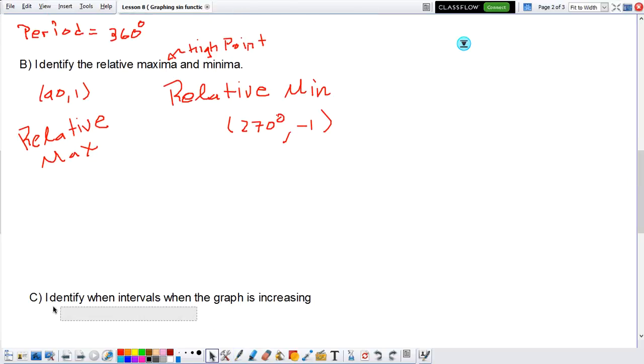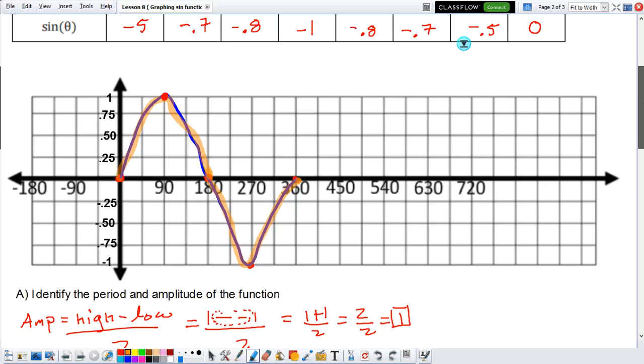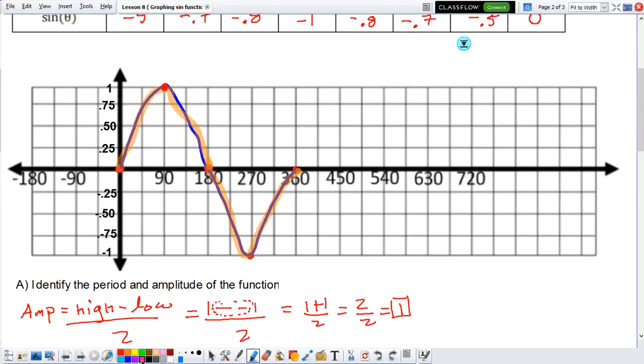Now, let's identify the intervals where my graph is increasing. So let's look at our graph. When is our graph increasing?